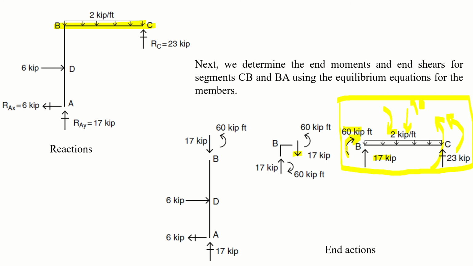Similarly, you applied a bending moment of 60 kip feet in clockwise direction, then you have to apply a bending moment of 60 kip feet in the anti-clockwise direction. Now you have balanced the joint B in the horizontal direction, so you just have to transfer it in the vertical direction. So this downward should be resisted by upward, and this counterclockwise should be resisted by clockwise.